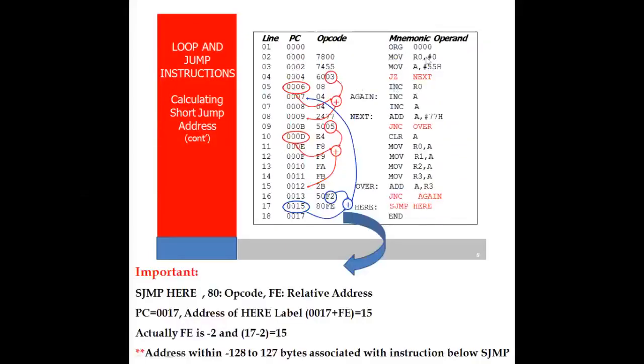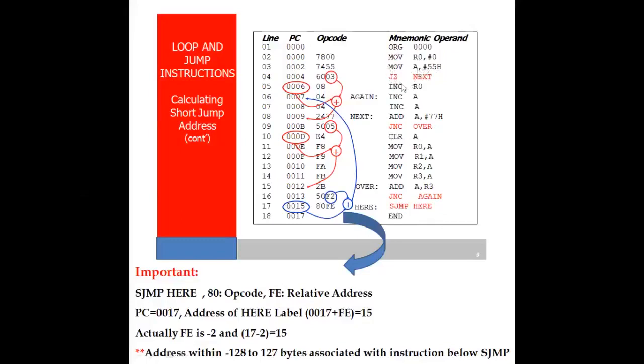We are writing a program, and inside it we write instructions like JZ next, JNC over, JNC again, and SJMP here. JZ next means it checks whether the value inside the accumulator is 0.